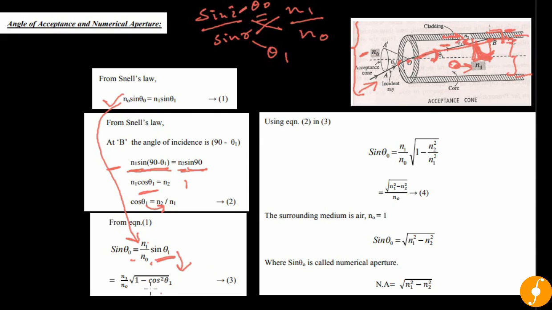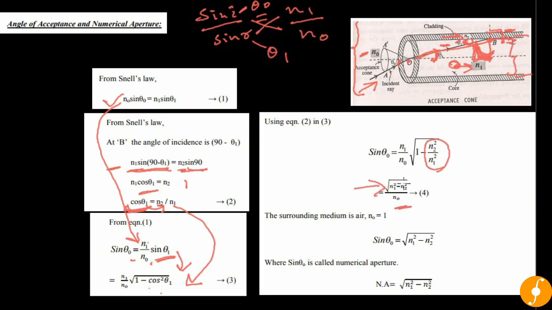Because we have the value of cos theta 1, we'll place it here, and because it is a square, we get N2 square divided by N1 square. When we solve this, we get the square root of N1 square minus N2 square, divided by N0.